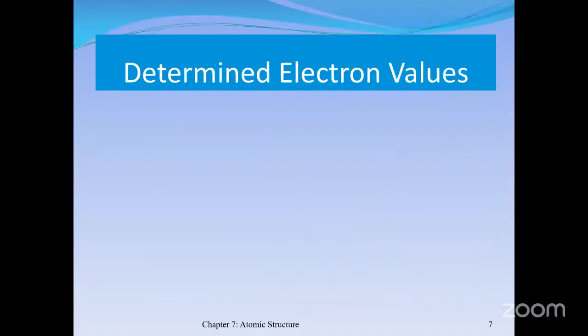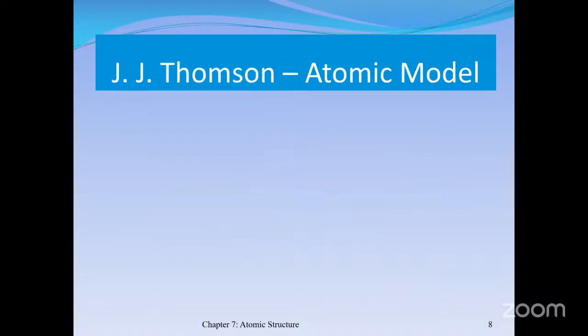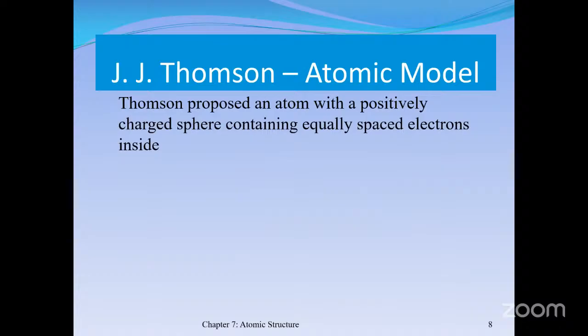Okay, now J.J. Thomson, taking into account all that was known back then, came up with this famous plum pudding model, which represents how the electrons are arranged in the atom.